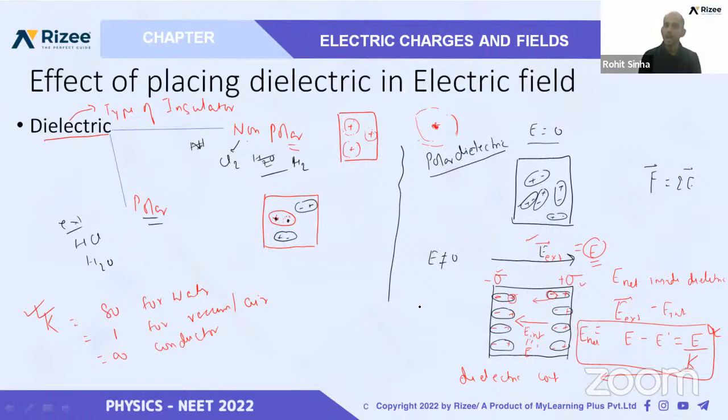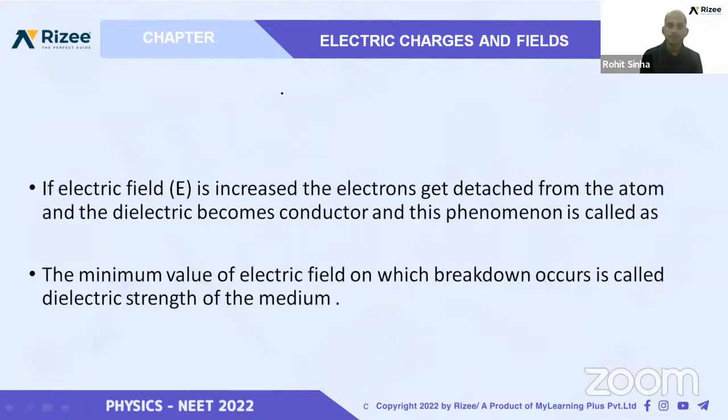This situation is called the breakdown condition, and the dielectric will behave as a conductor. Let us see what will happen. If the electric field is increased very much, remember, up to the order of 10 to the power 6 volt per meter, all positive charge comes here and all negative charge comes here, like this.